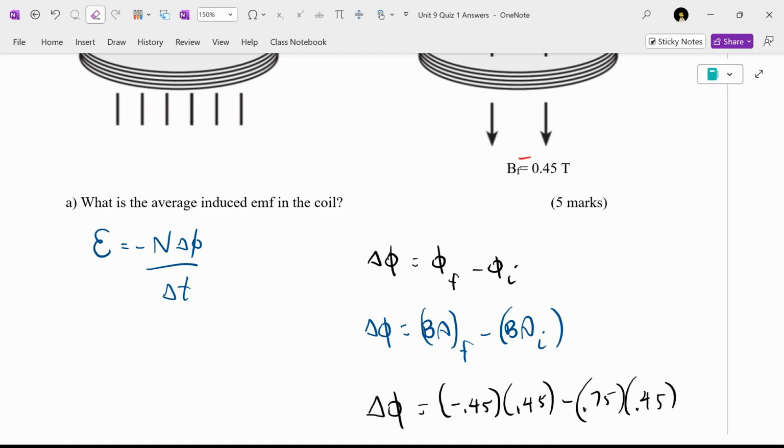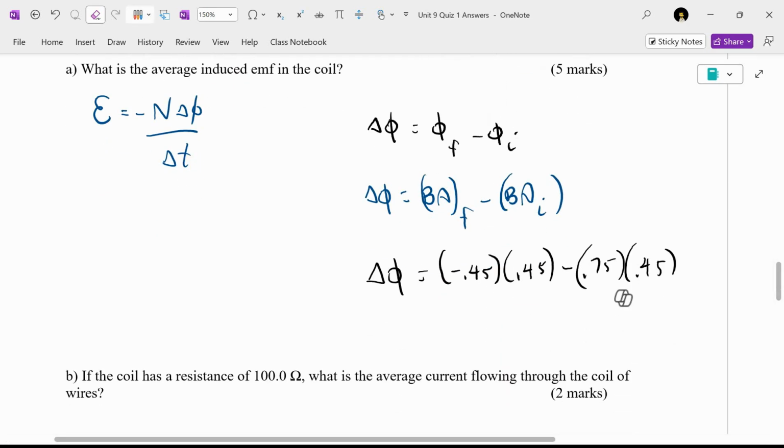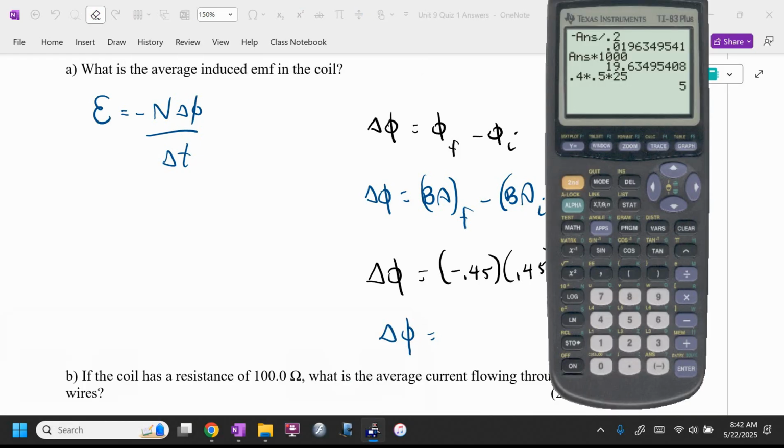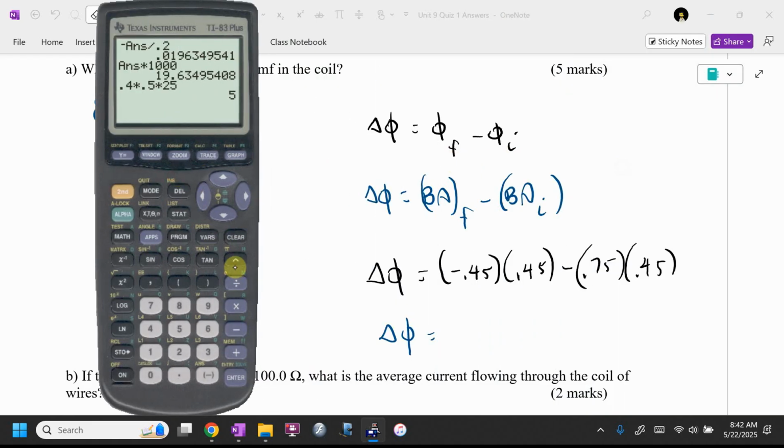It's perfectly acceptable. I did it this way, and so when I did that, I got a change in flux of negative 0.45 times 0.45 minus 0.75 times 0.45. I got a change in flux of negative 0.54.